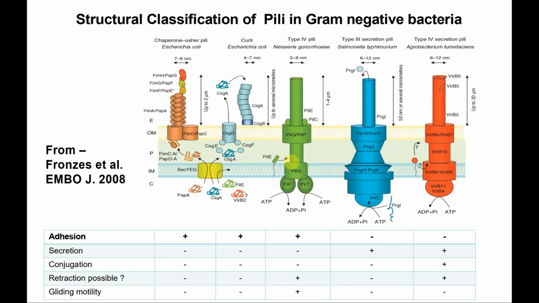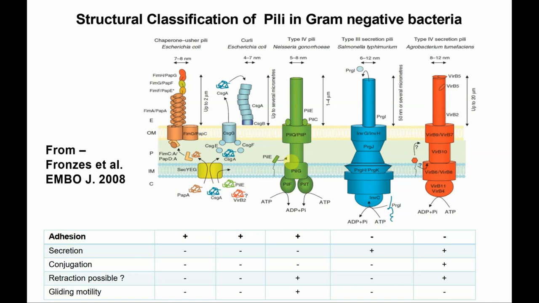And the last one, type 4 secretion pili. It's the same kind of structure as type 4 pili. So the filament proteins are added at the base, but this time the filament is hollow and other proteins can also be transported across the plasma and the outer membrane and secreted.